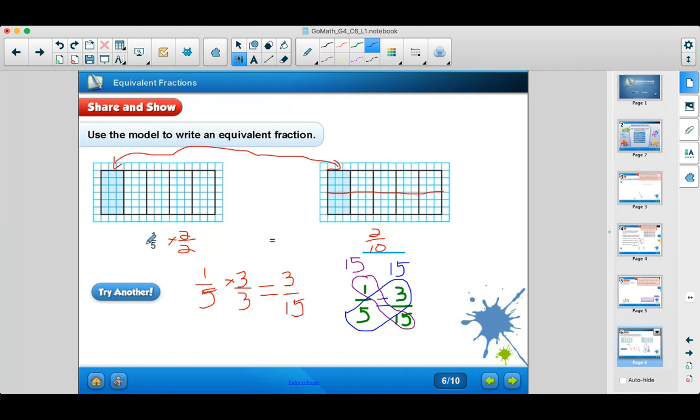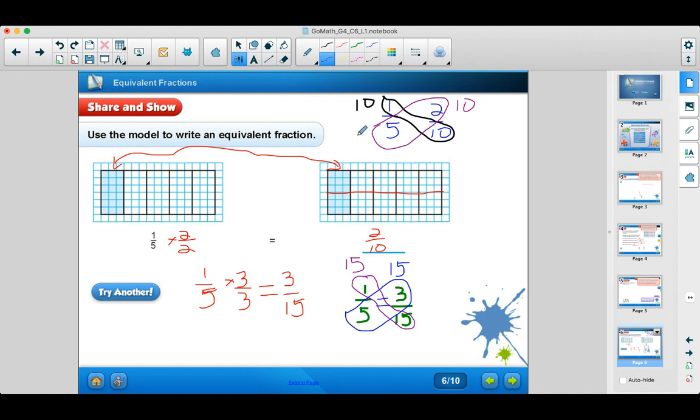Let's use the butterfly method to do these two fractions. 1/5, is that equivalent to 2/10? Let's see. 1 times 10 is 10, and 5 times 2 is 10.